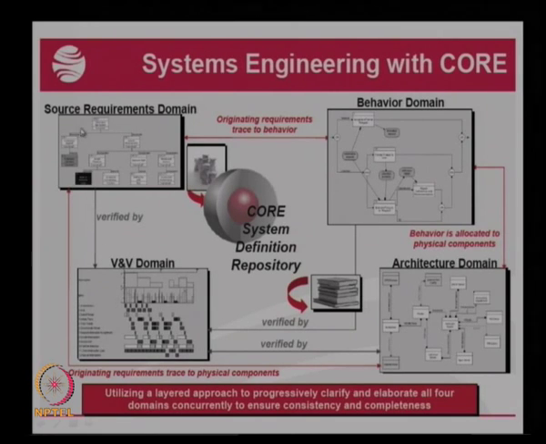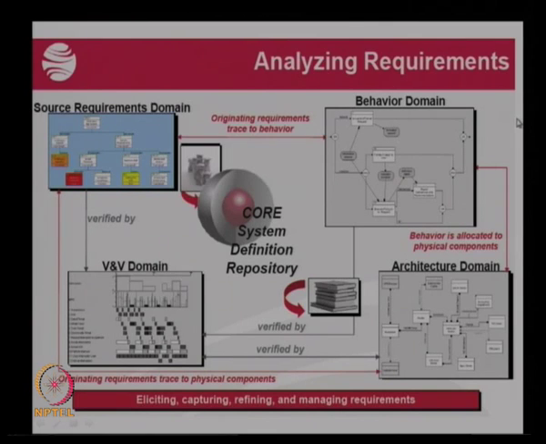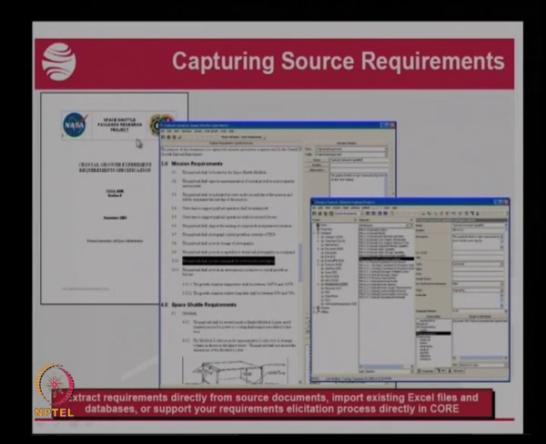Let us see how these domains are developed using the database. There are software tools available which can help you develop these domains very easily, without much difficulty in identifying the sources as well as the traceability of those requirements. So let us look at the source requirements domain. Basically we will be looking at the requirements.